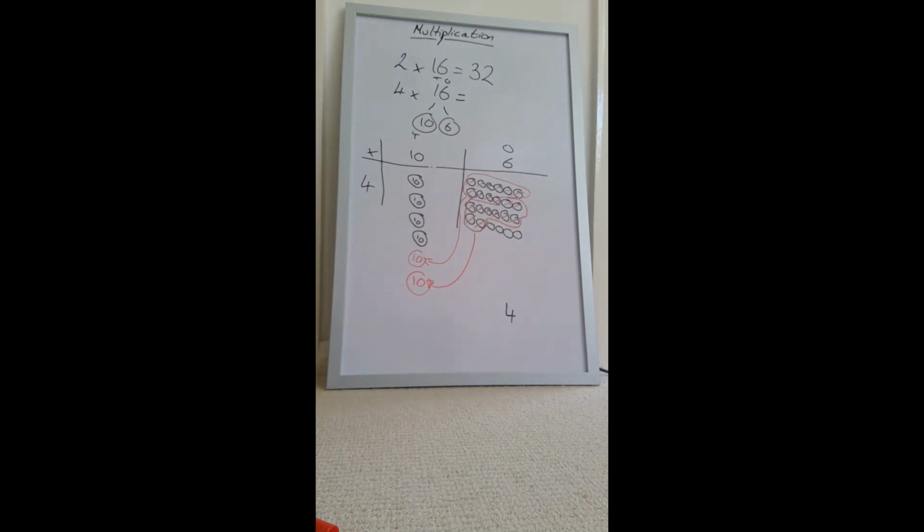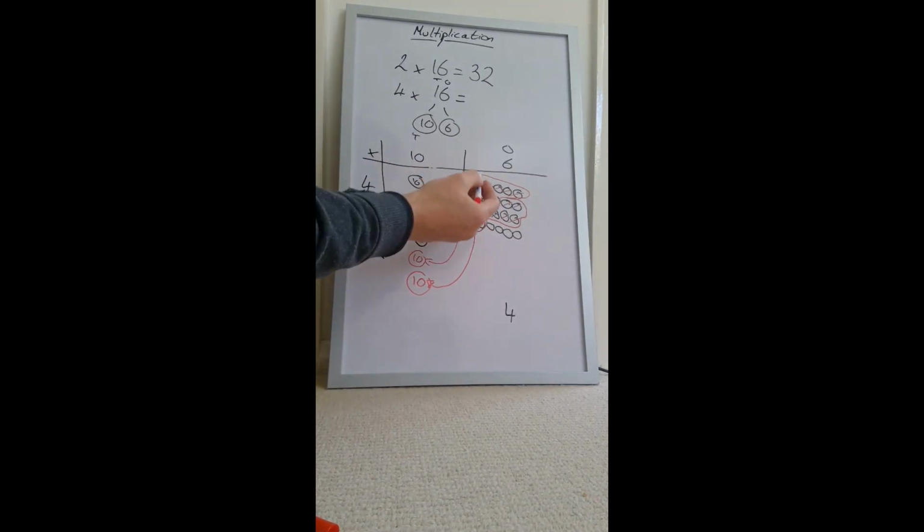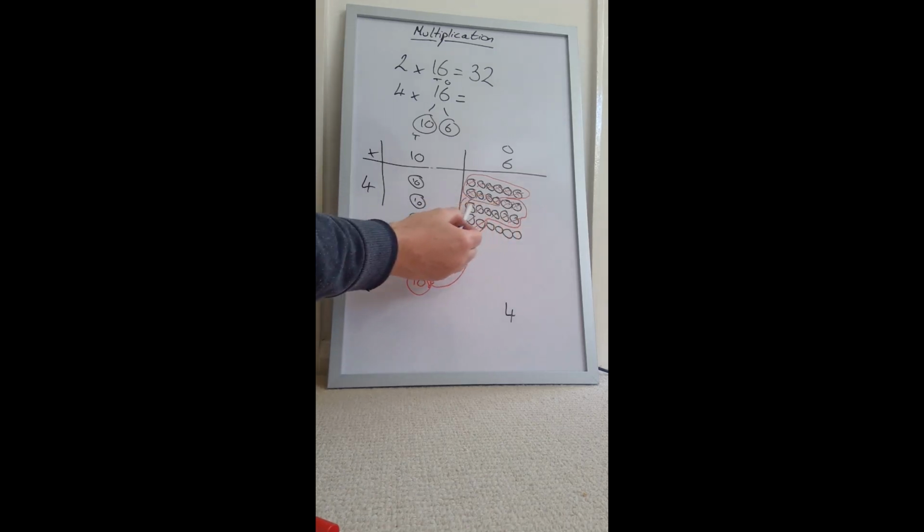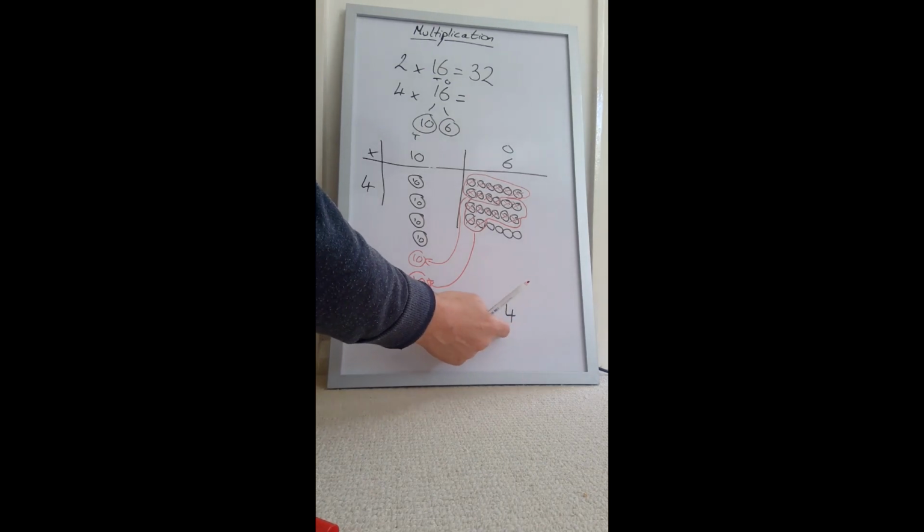I can go back, and it's always a good idea to double check that I've counted the right amount. So I would double check 1, 2, 3, 4, 5, 6, 7, 8, 9, 10. That's my first group. My second one, 1, 2, 3, 4, 5, 6, 7, 8, 9, 10. So I've double checked that I've exchanged over the correct amount. I know I have 4 left in the ones column.